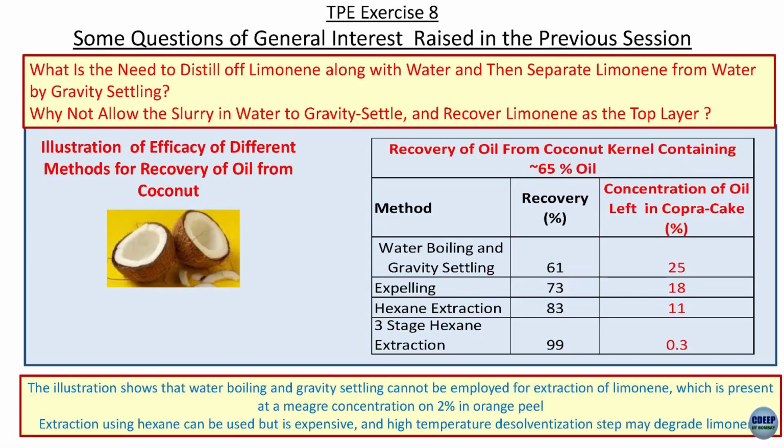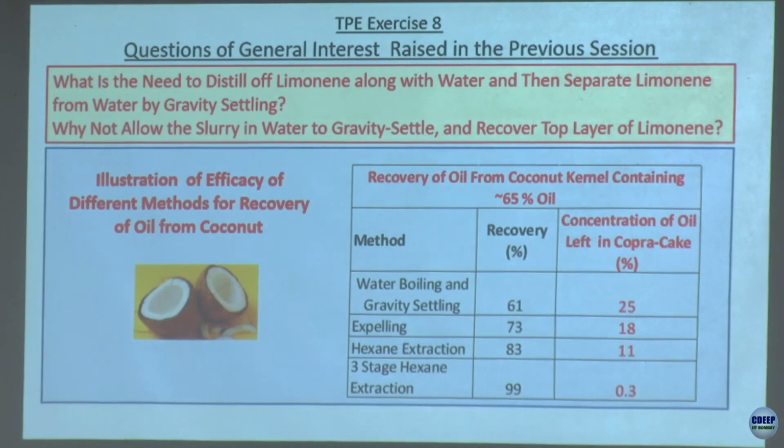So this is an illustration of the efficacy of different methods for recovery of oil from coconut. You can treat this coconut kernel as similar to the orange peel. Now, with coconut kernel, there is a method by which you can remove virgin coconut oil by boiling it with water.